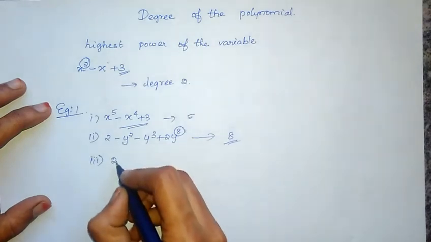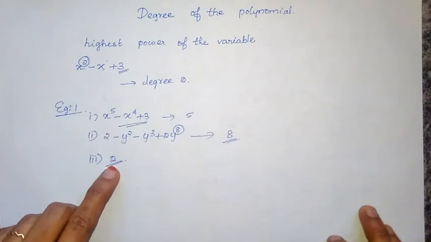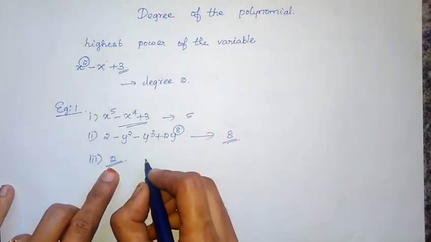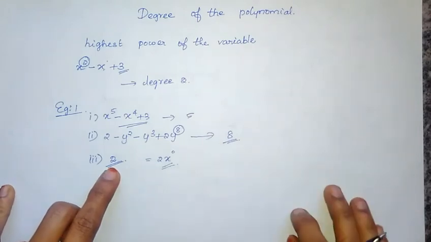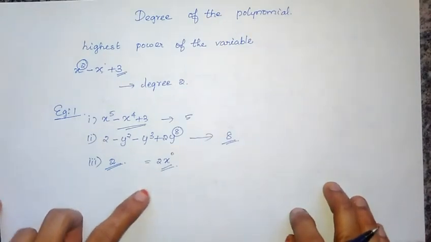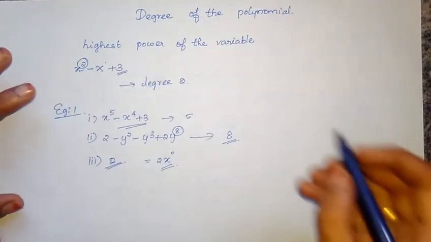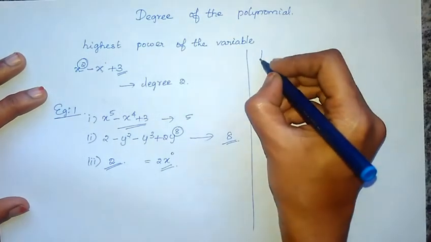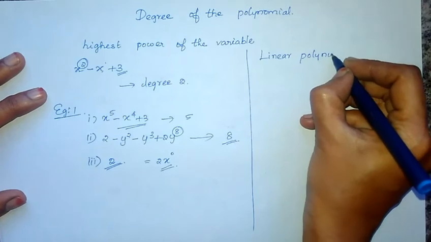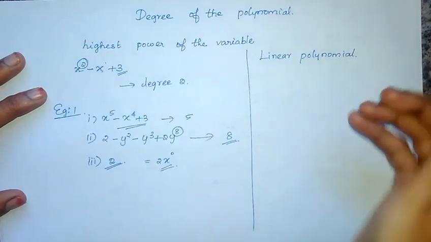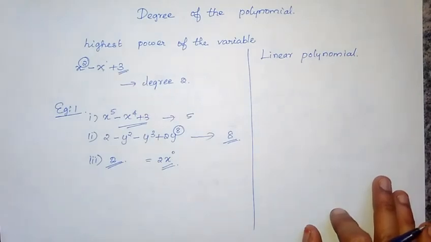Third one, 2. Here we have only one term, that is 2. This can be written as 2 into x power 0. So degree of this polynomial is 0. Now let's study what is linear polynomial. A polynomial of degree 1 is called a linear polynomial.